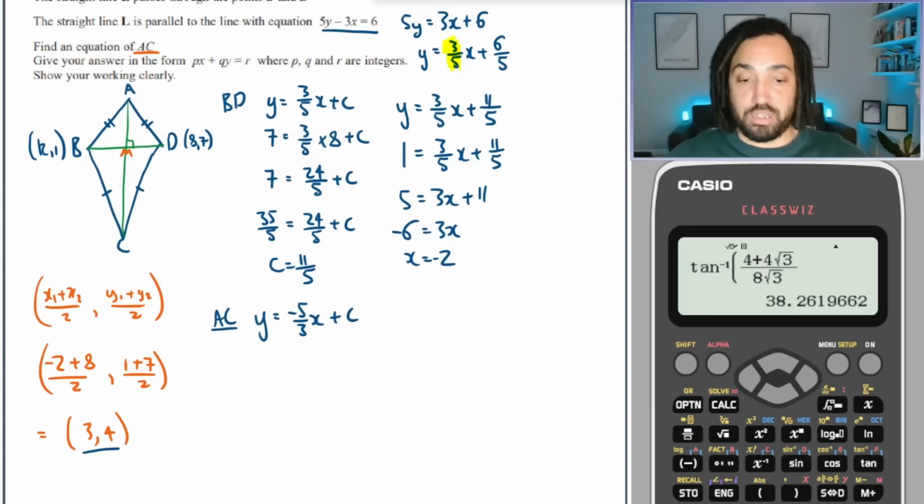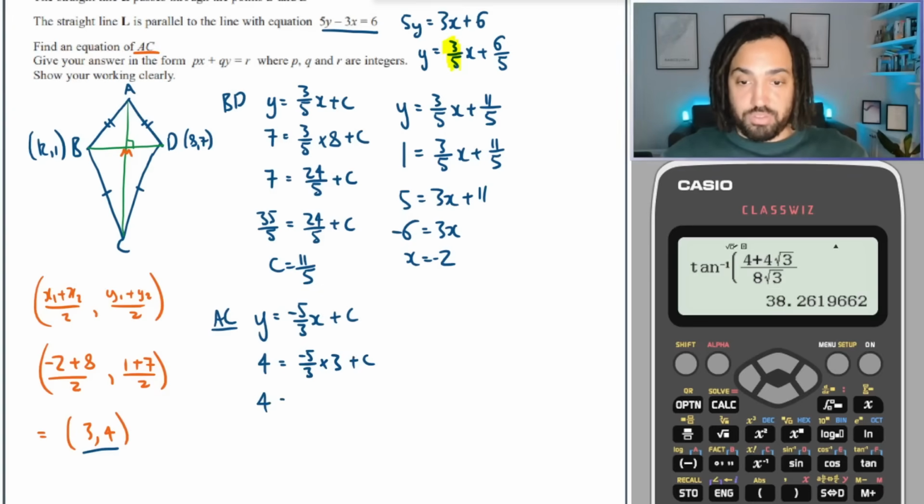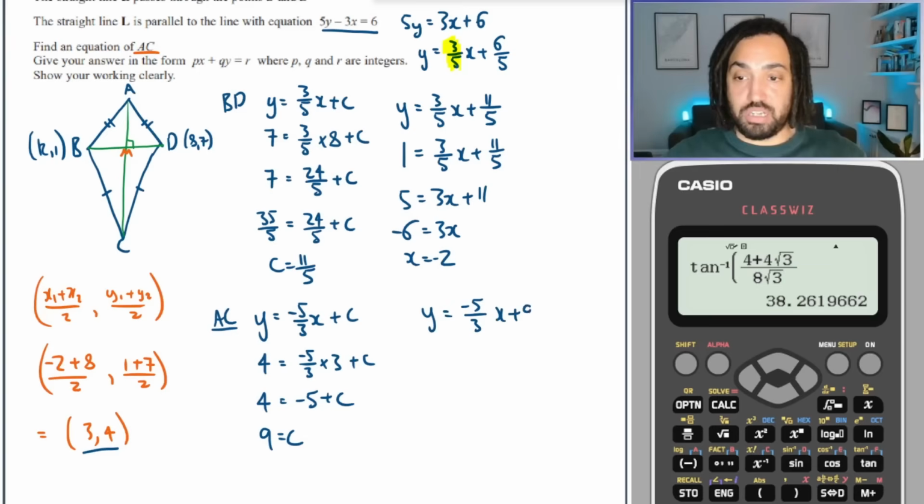And I've got a point on AC that I can sub in to find the c value. So 4 is the y, and 3 is the x. So 4 equals -5 plus c, so 9 is equal to c. So y equals -5 over 3 x plus 9.